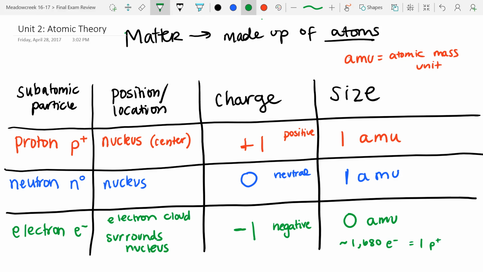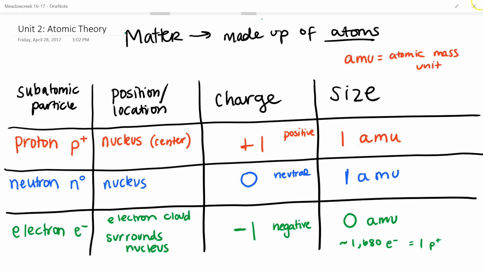So that means 1 proton, which is already tiny, tiny, tiny, we can't even see it with our microscopes yet, is equal to almost 2,000 electrons. That's crazy. It's way too big, right? Exactly. Which is why when we're figuring out the mass of how much an atom weighs, we don't really count the electrons. The protons and the neutrons are really the only thing that are going to affect the mass of an atom.